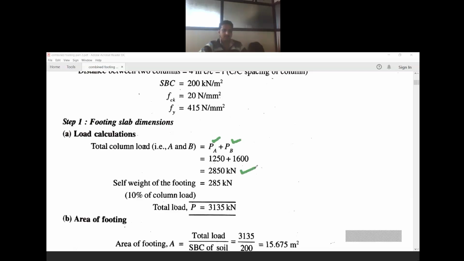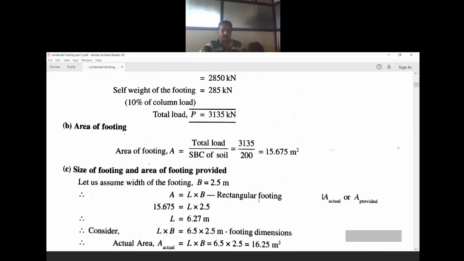Total load is 2850. Self weight of the footing, for assumption, we will take as 10% of column load. So 10% of total column load is 285 kilonewton. So total P is 3135 kilonewton.